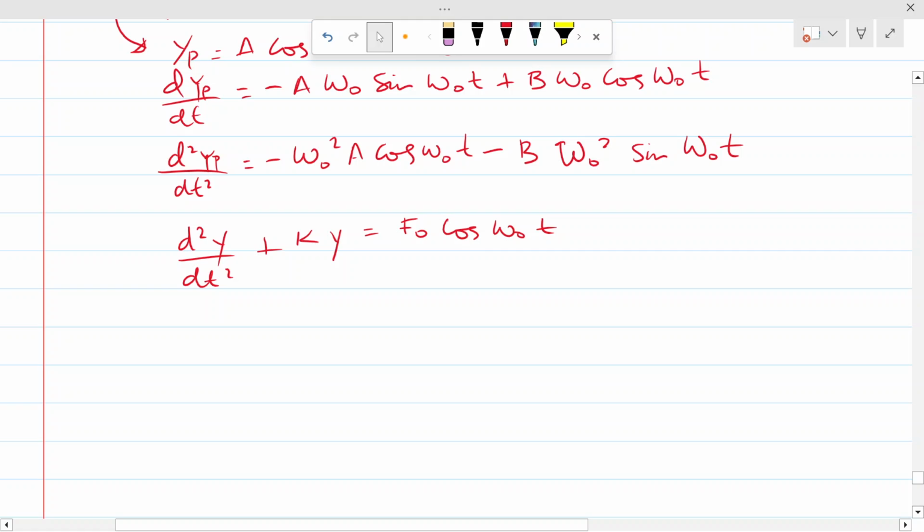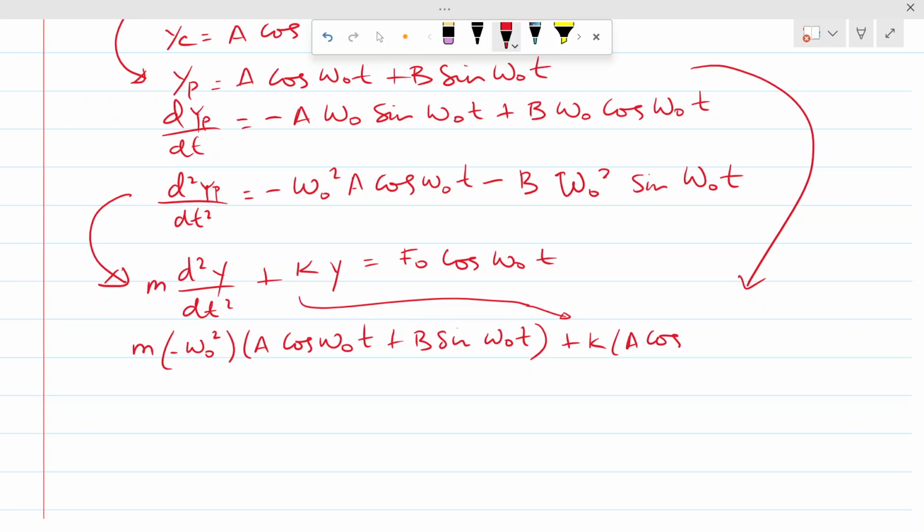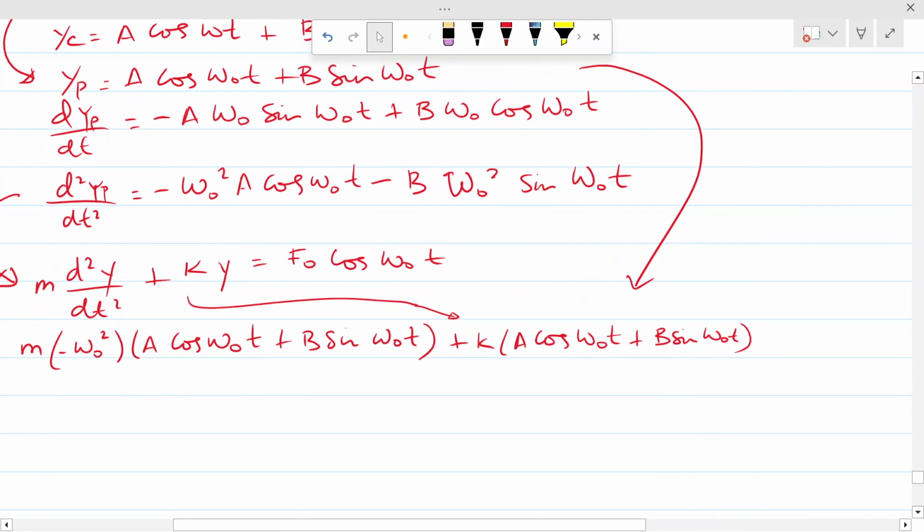So now we can put the d square y in there. m times negative w naught square a cos w naught t plus b sin w naught t, and then plus k y, which is the first one, a cos w naught t plus b sin w naught t, and the whole thing equals f naught cos w naught t.